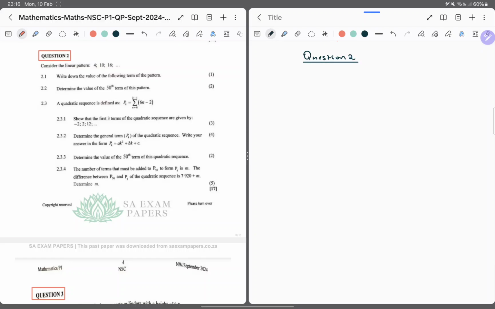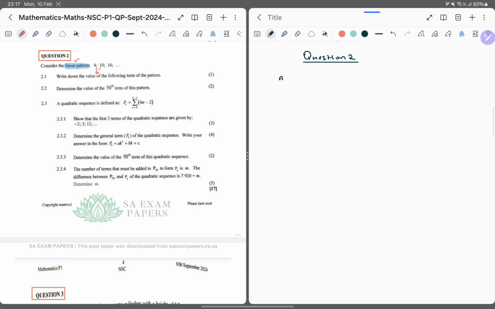Okay. So the question reads, consider the linear pattern. Now what is this pattern? Linear. Okay, so once it's linear, we know that it's arithmetic. There's a common difference between the two. And in fact, there's a common difference between any two consecutive terms because of the signature that it is linear, okay?